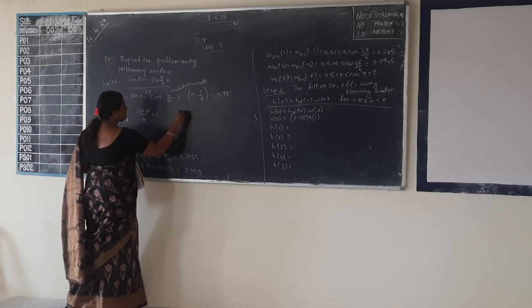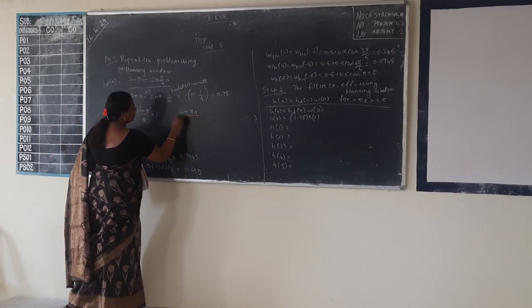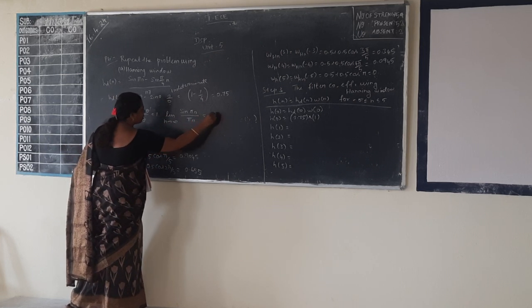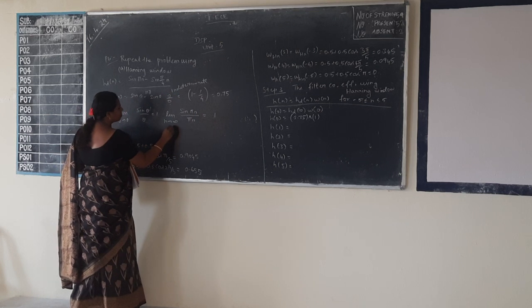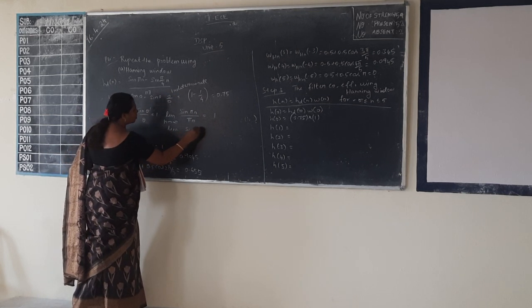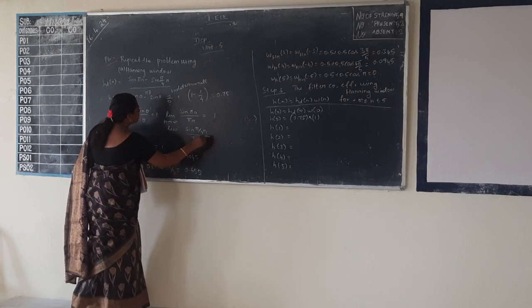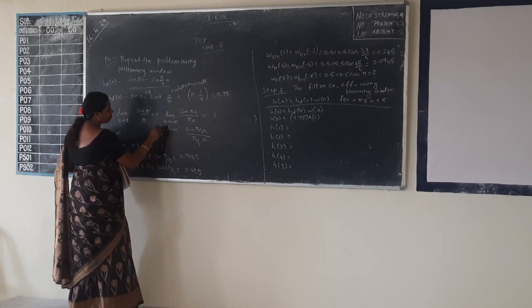So here sin pi n divided by pi n, as n tends to 0, becomes 1. And similarly for sin of pi by 4 into n divided by pi by 4 into n, multiply with 1 by 4 here.